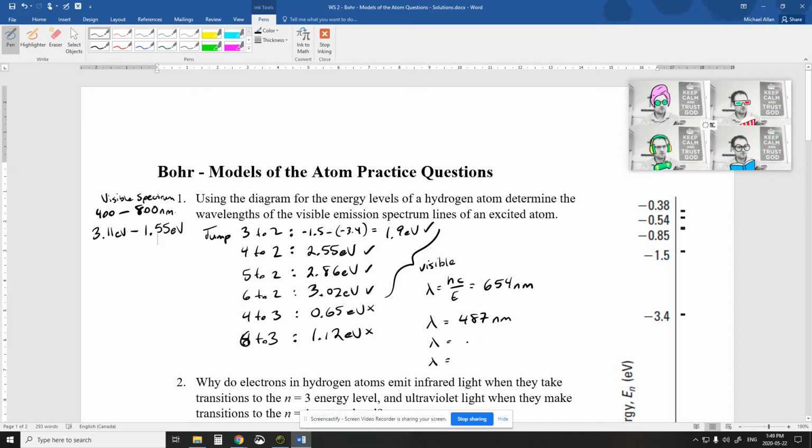It's going to be 434 nanometers. And my last one, I'm going to use the 3.02 there. It's going to be 411 nanometers. There we go. Those are all the ones in the visible spectrum. They're the Balmer series too, so I knew that from the notes.